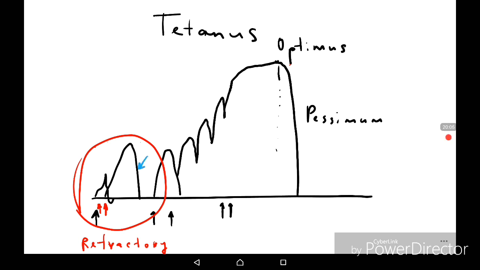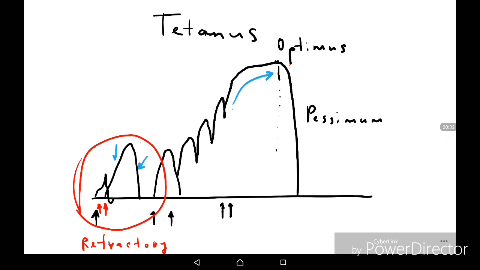If the new stimulus hits at the relaxation phase of the previous contraction, then we will have staircase tetanus. If the muscle is stimulated by the second stimulus at the contraction phase, we will have tetanus.